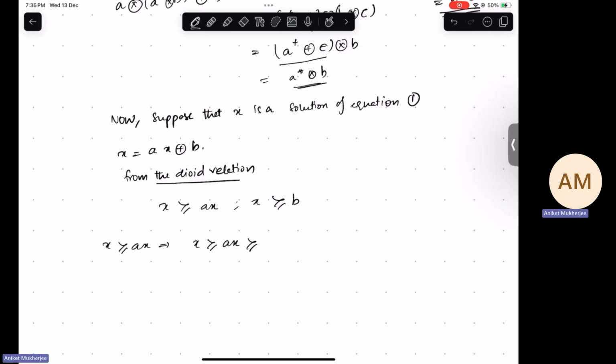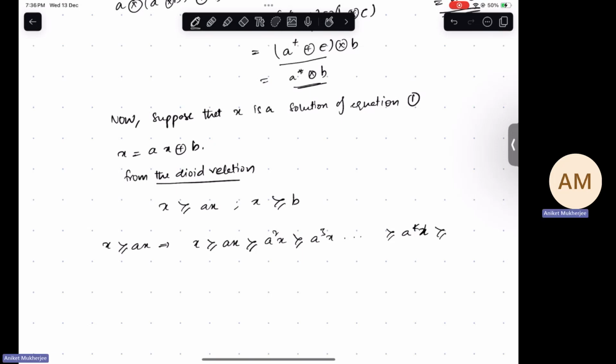Now AX is greater than or equal to A square X is greater than or equal to A cube X and so on, greater than or equal to A power K X, right?